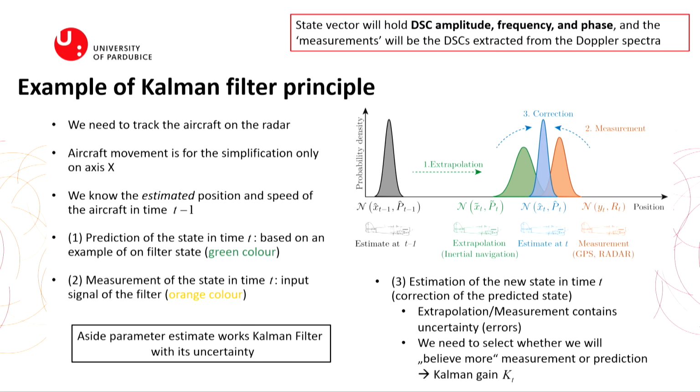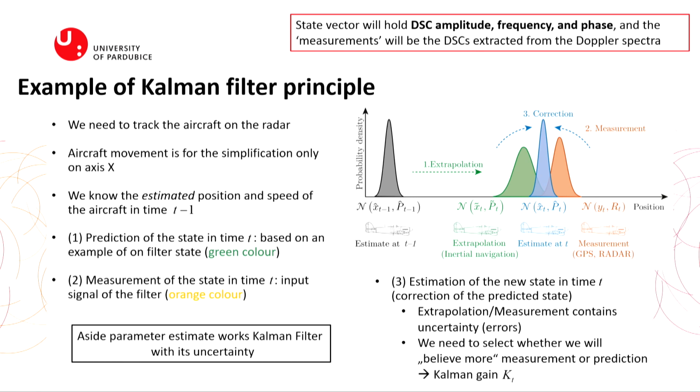And you combine them together and get a corrected estimation. So in our case, the state vector will be based on DSC amplitude, frequency and phase. And the measurements will be the DSC extracted from the Doppler spectra.